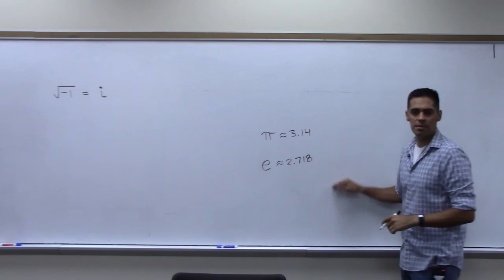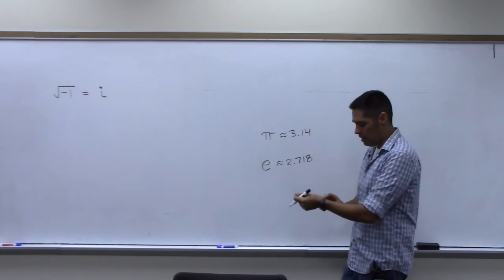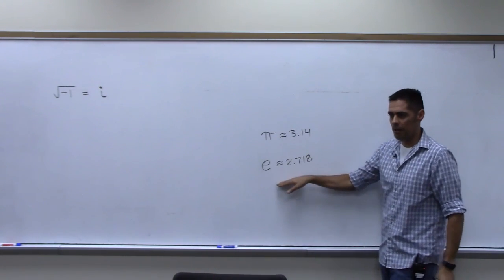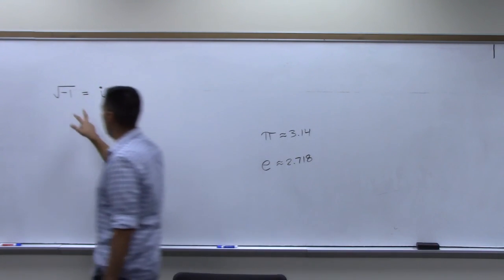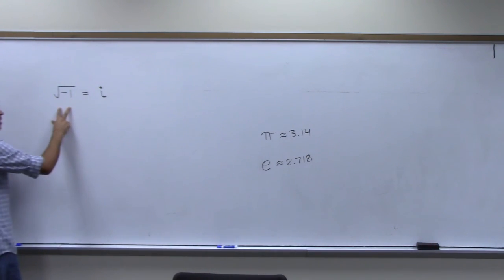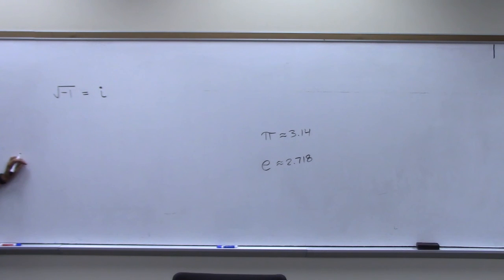These are important numbers in mathematics. And whenever we have really important numbers, we like to assign letters to them, all right? Pi, e. Now, this is a very important number in mathematics, and we assign a letter to it, and we say it is i, all right? The square root of -1 is i.